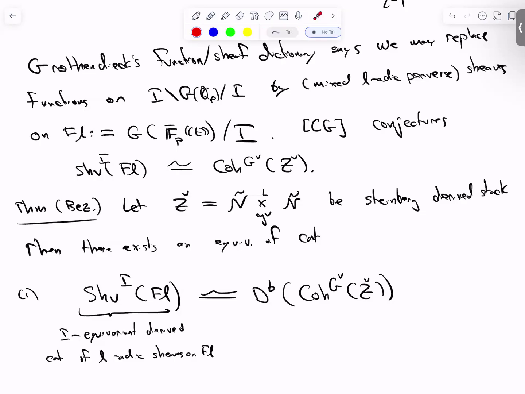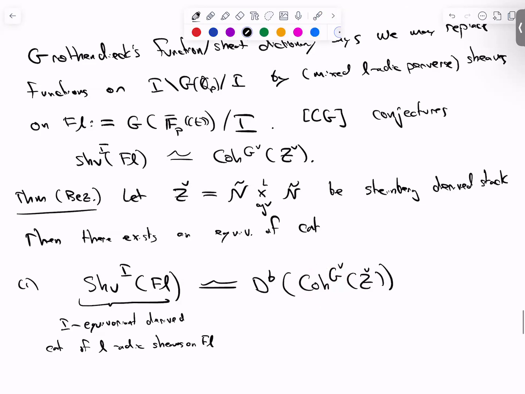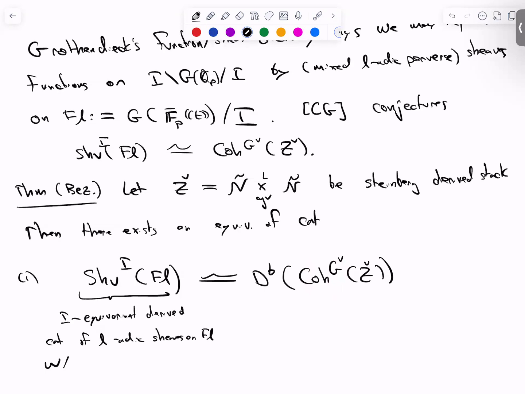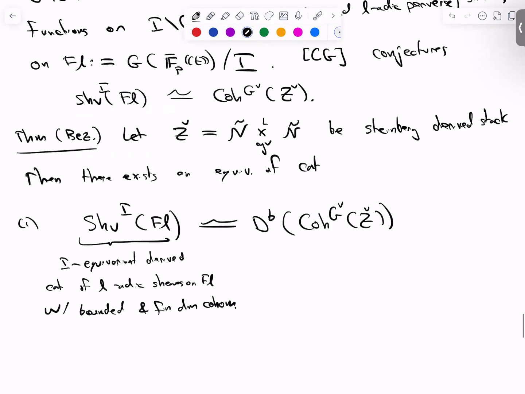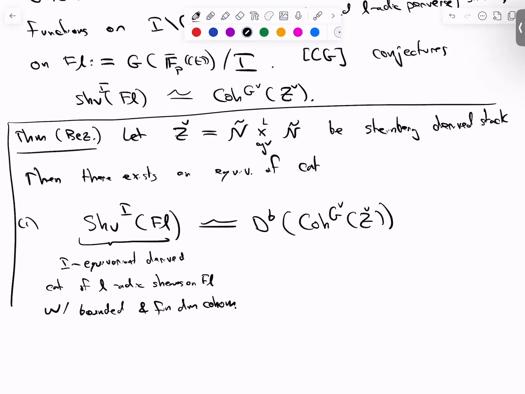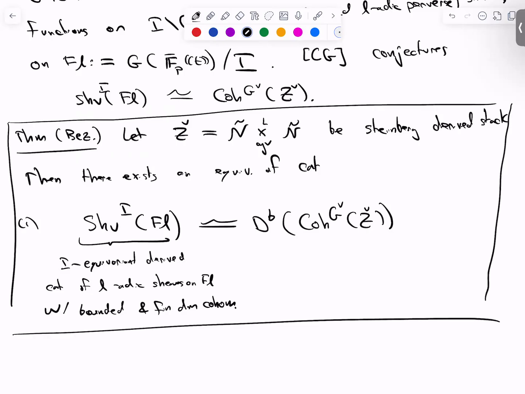And since we impose the coherence condition here, we have to also say with bounded and finite dimensional cohomology. And this accomplishes the goal or the conjecture that Ginsburg made.